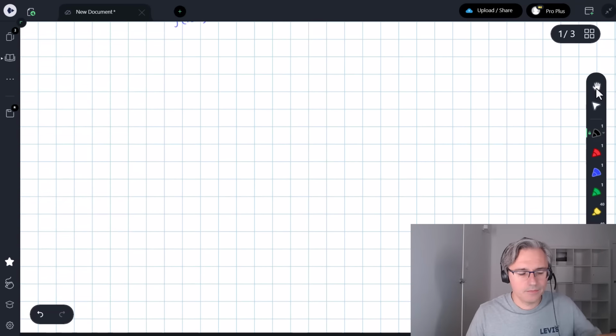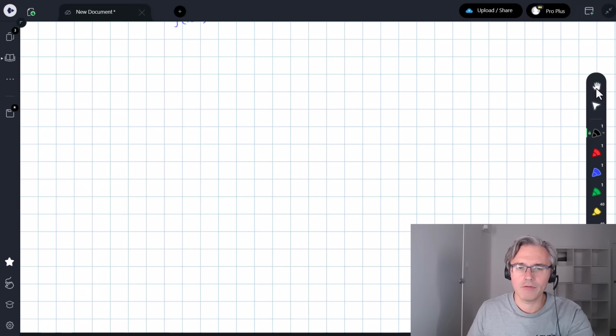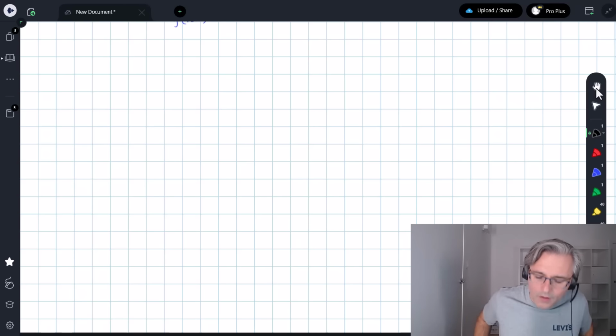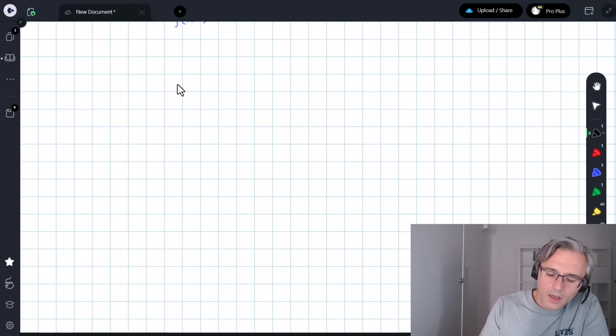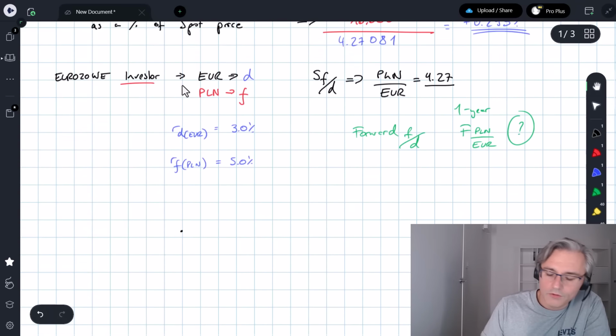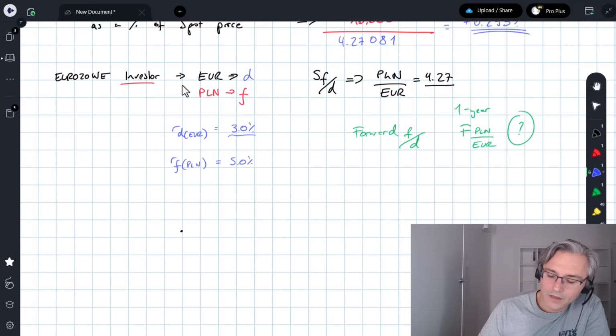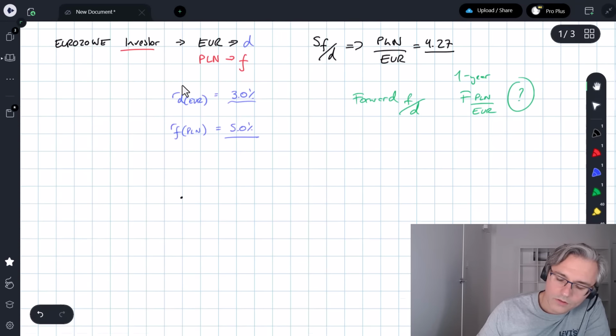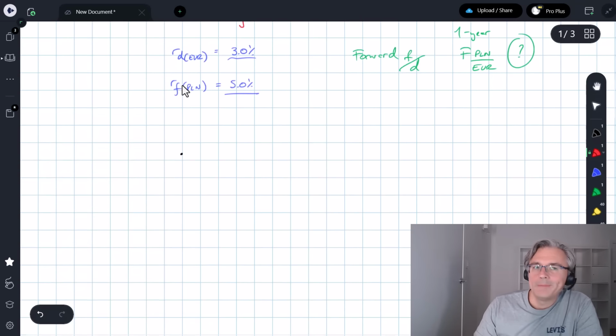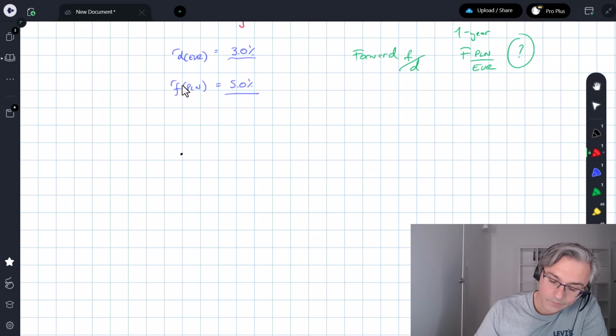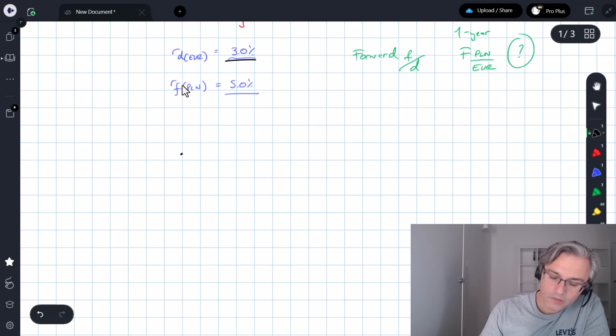in order to appreciate how this works, I'm going to draw some illustration. So it's going to start over here on the left-hand side with an assumption that the euro-based or eurozone-based investor, seeing that the interest rate in the euro is definitely lower than it is in the Polish zloty, will actually borrow where it is cheaper to borrow.